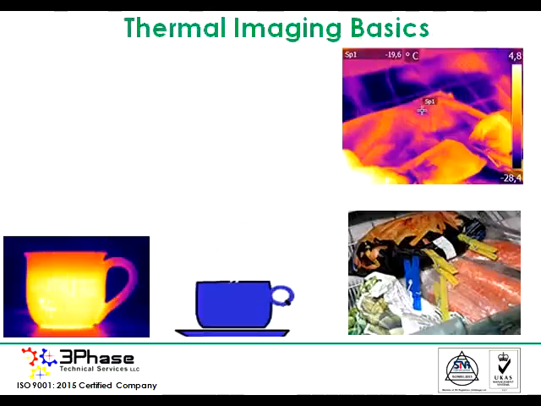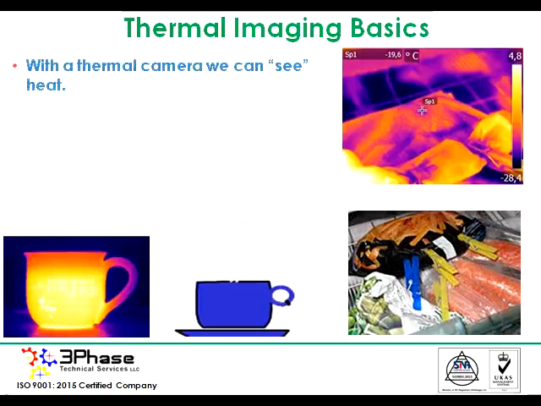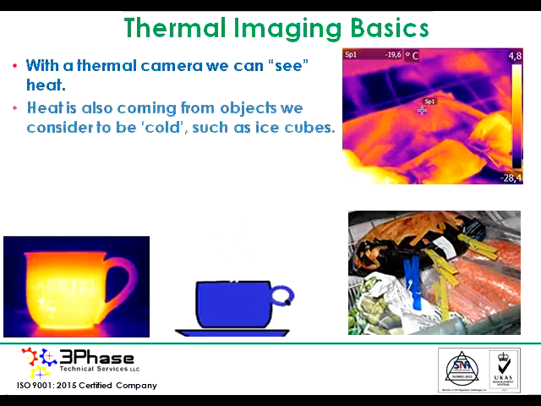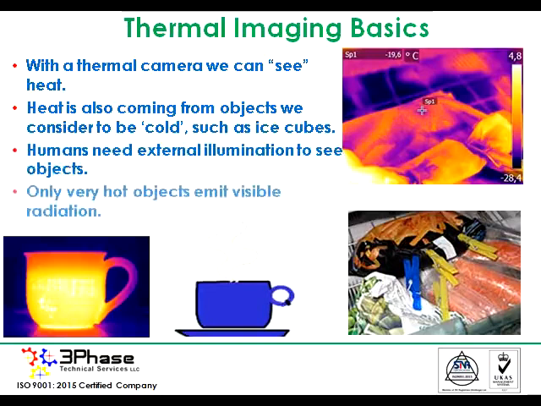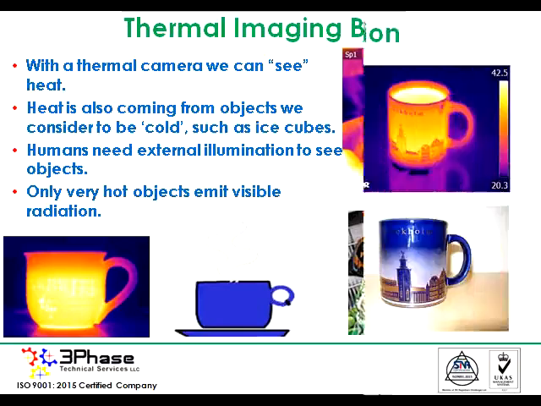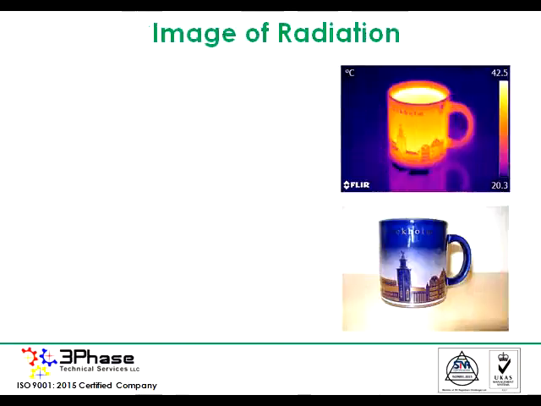Thermal imaging basics. With a thermal camera, we can see heat. Heat is also coming from objects we consider to be cold, such as ice cubes. Humans need external illumination to see objects. Only very hot objects emit visible radiation. Let's see image of radiation.